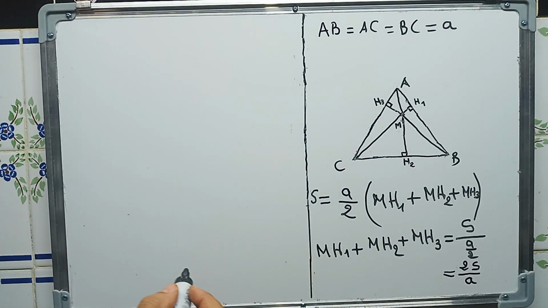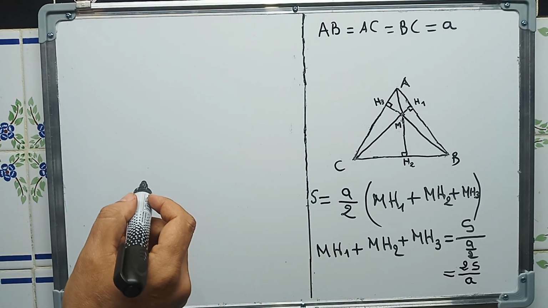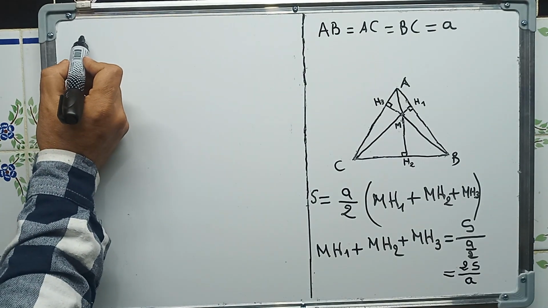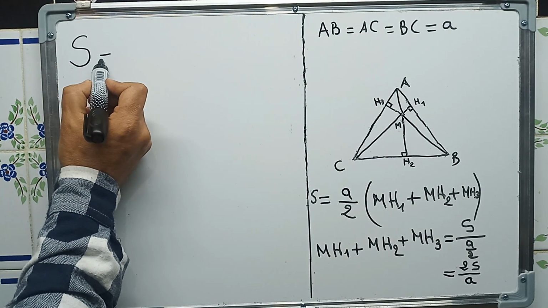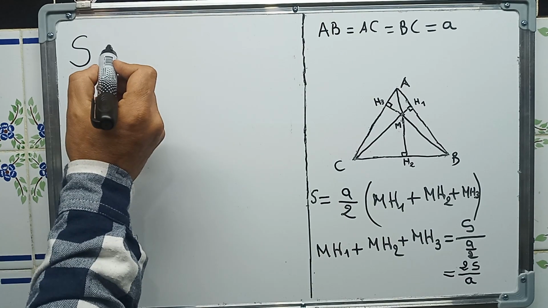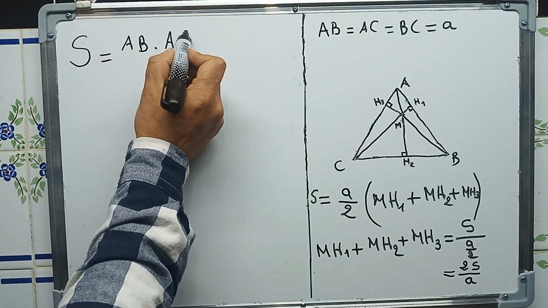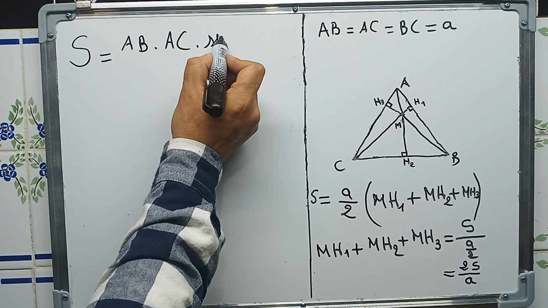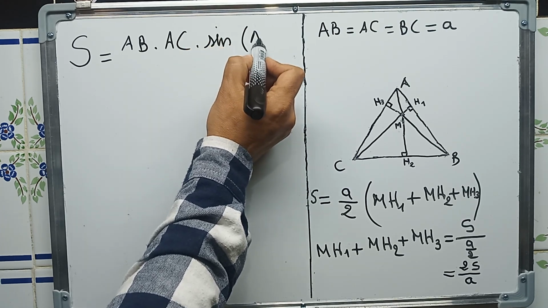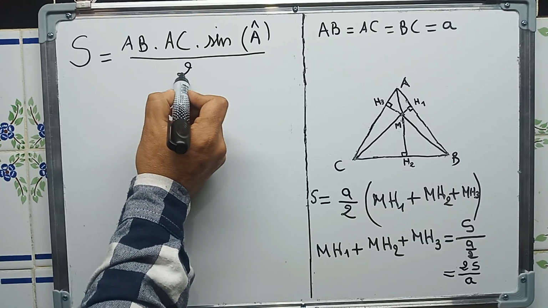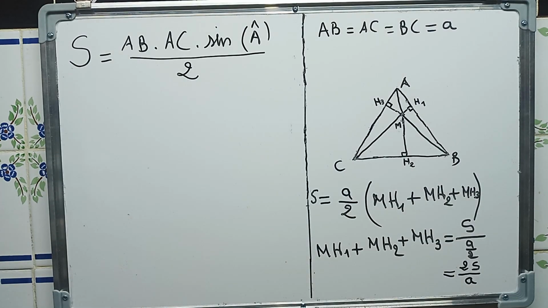Now let's calculate the area of the triangle ABC. S of the triangle ABC is AB times AC times sine of the angle A divided by 2. This is the formula of the area of a triangle, even if it's not equilateral.